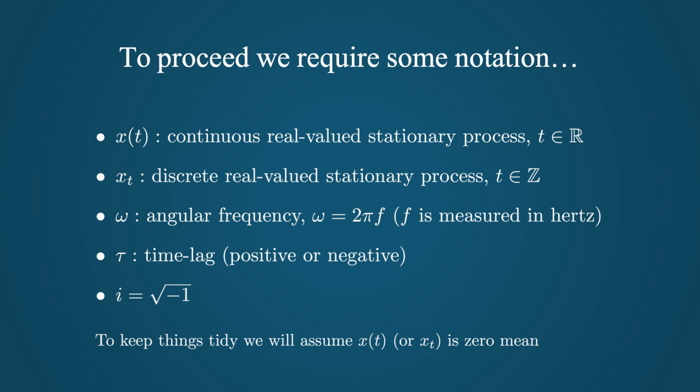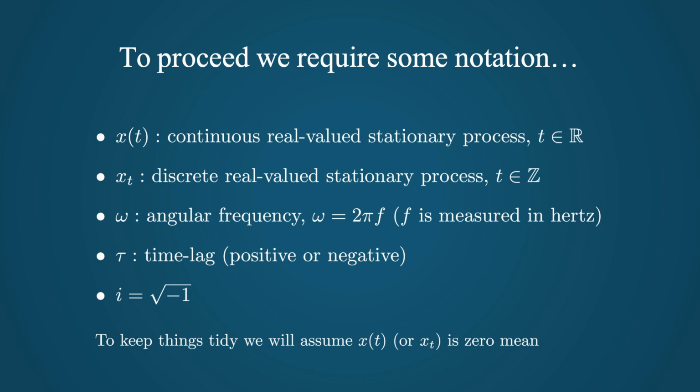So we're going to have a continuous real-valued stationary process. By that, I mean the statistical properties of the time series don't change too much in time, or a discrete one, X_t. Angular frequency is omega in radians, or 2 pi f, with f in hertz. Use omega or f; note that some people use omega, some use f.